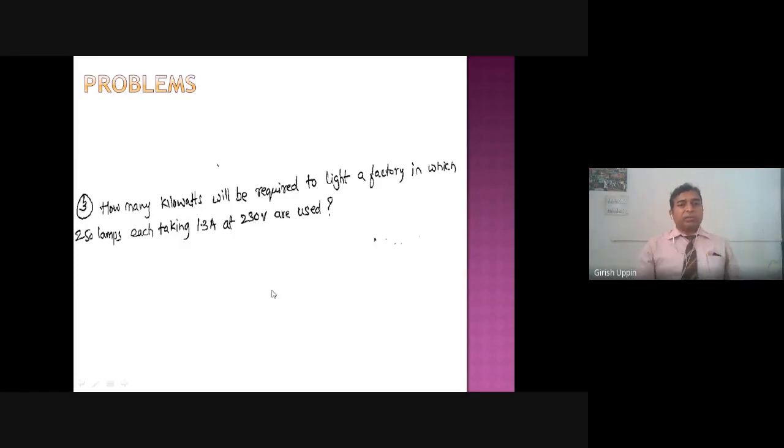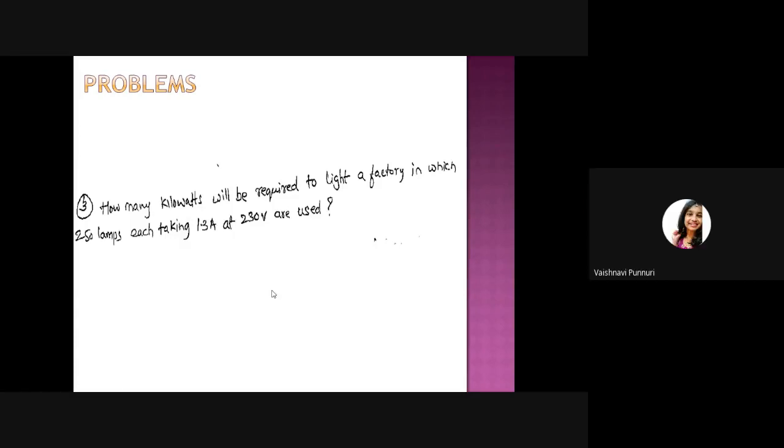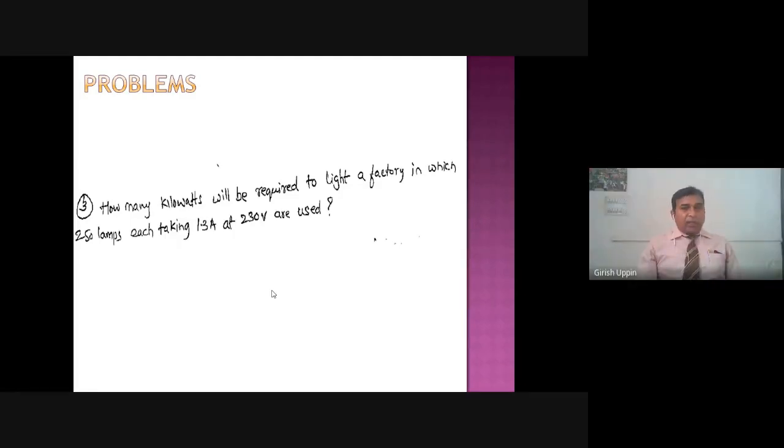Can you do this? So 299 kilowatt. I think that is correct. So how did you do that?